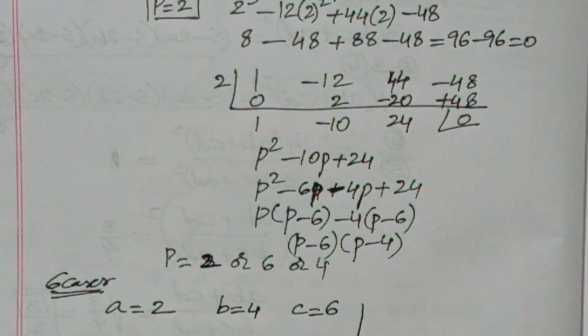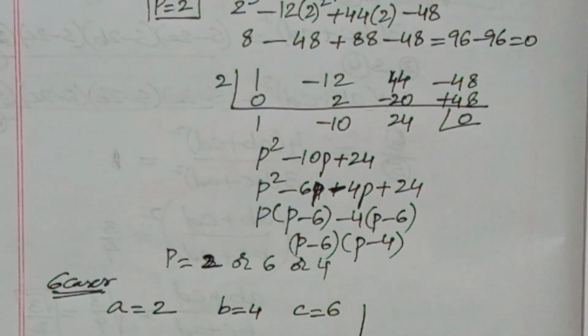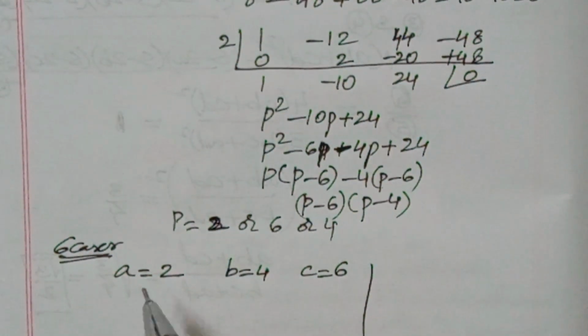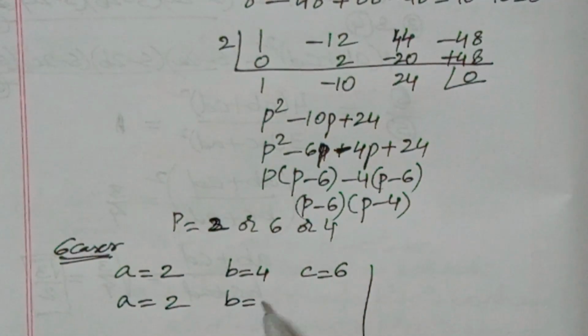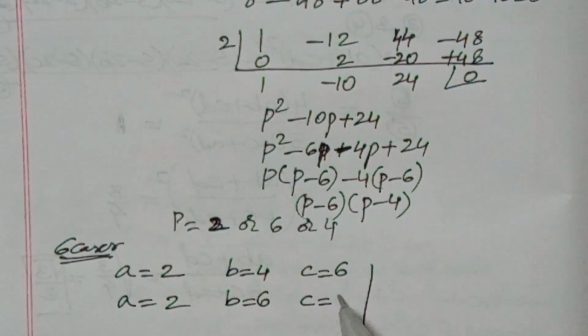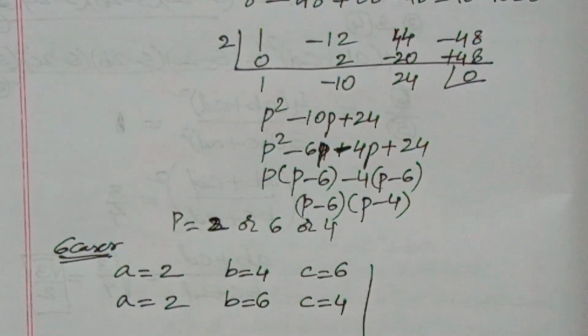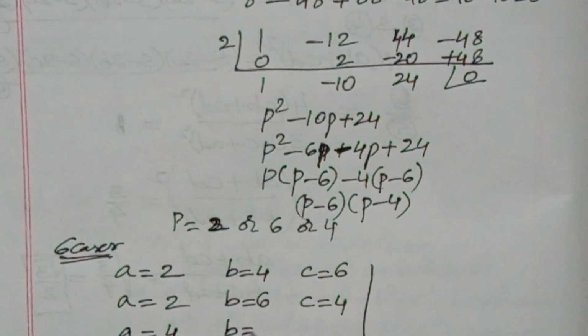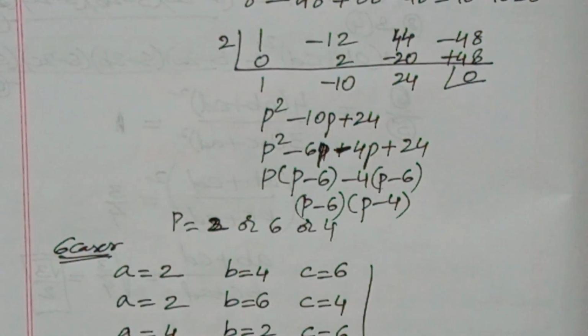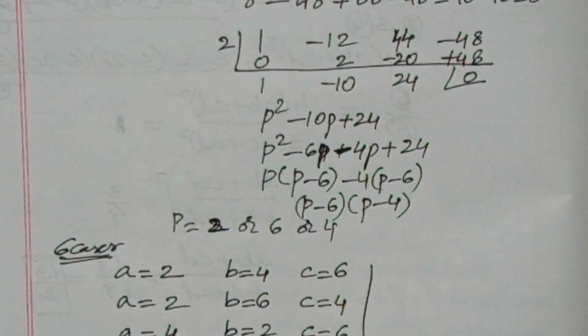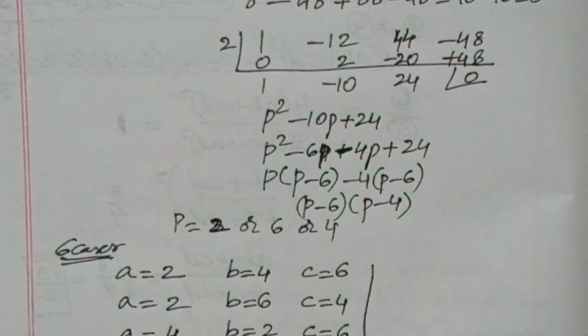Here I am writing 6 ordered triples: a is equal to 2, b is equal to 6, c is equal to 4. a is equal to 4, b is equal to 2, c is equal to 6. a is equal to 4, b is equal to 6, c is equal to 2.